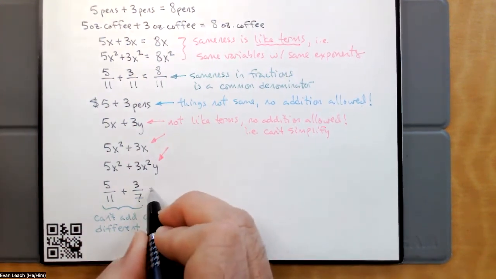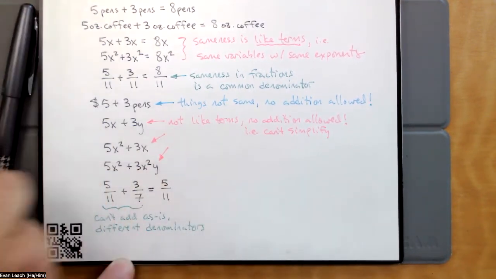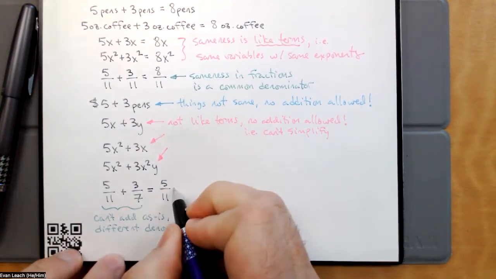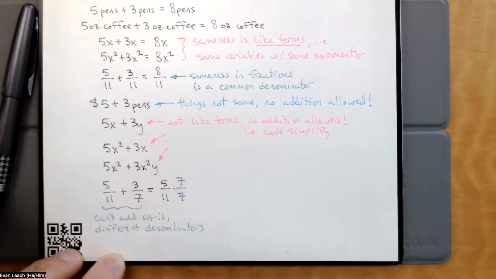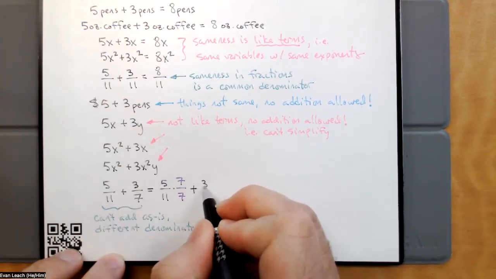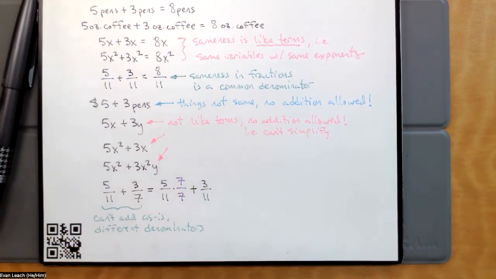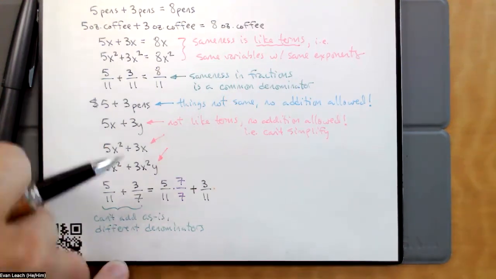And we have one of our favorite math tricks. We just multiply by 1. Oops, 3/7.